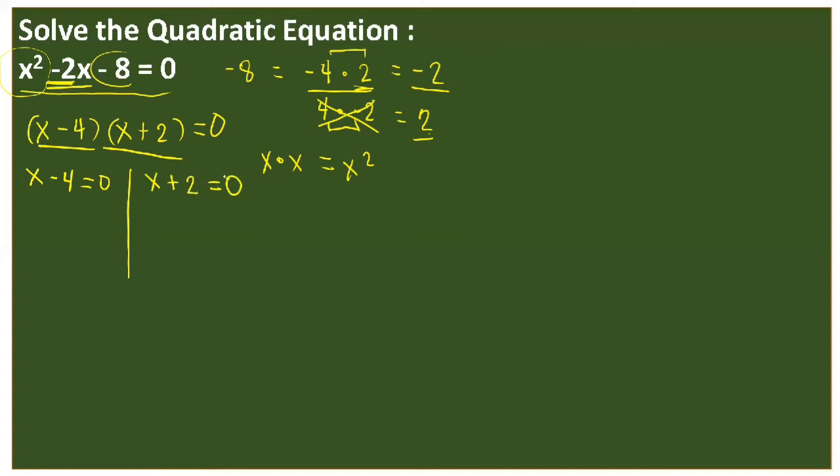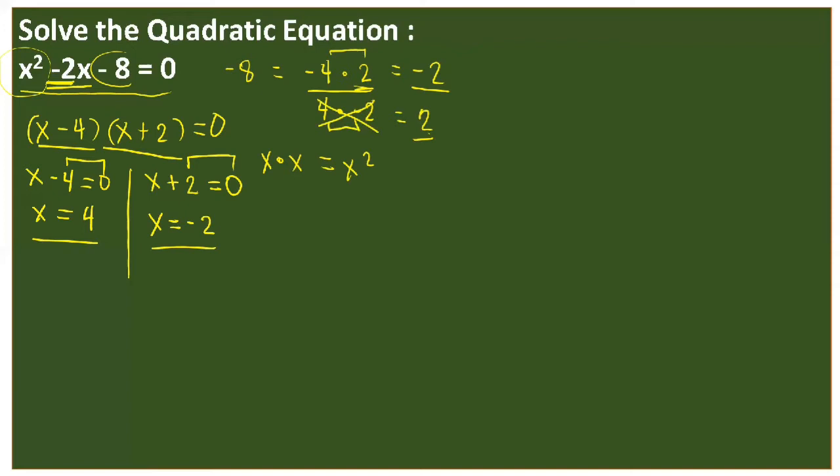Now, to solve for x, let's transpose negative 4 and positive 2. So x is equal to positive 4, because negative 4 transposed to the other side changes sign. And next, x is equal to negative 2, since positive 2 changes sign and becomes negative 2. Now we have the values of x, which are positive 4 and negative 2.